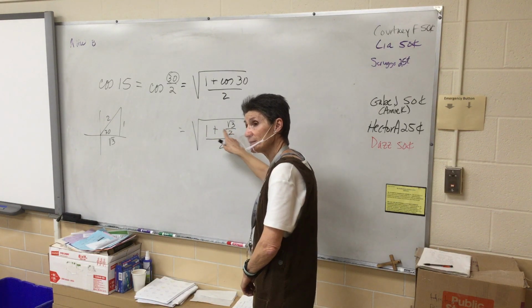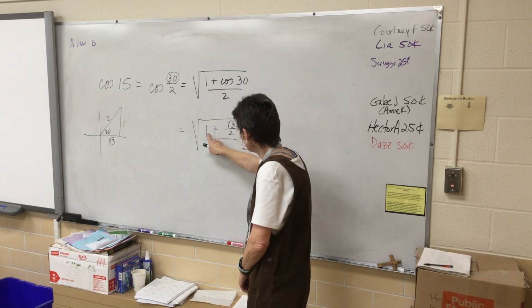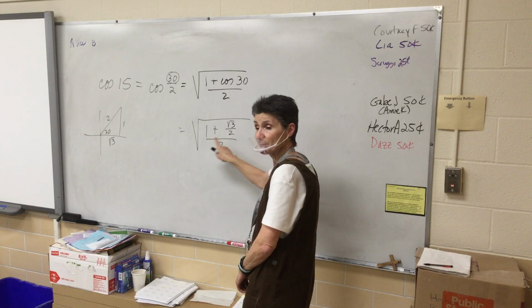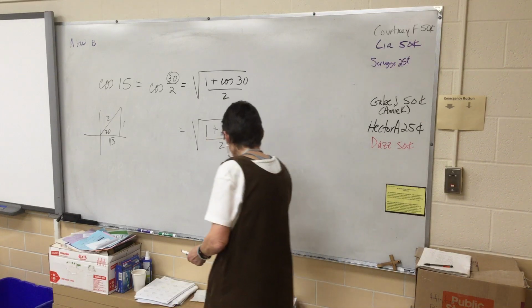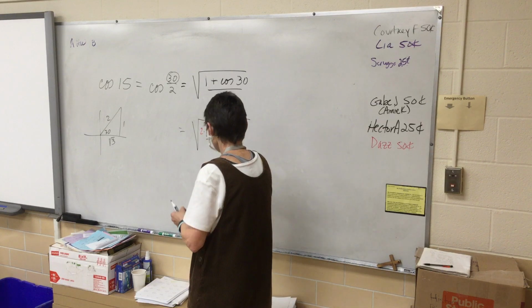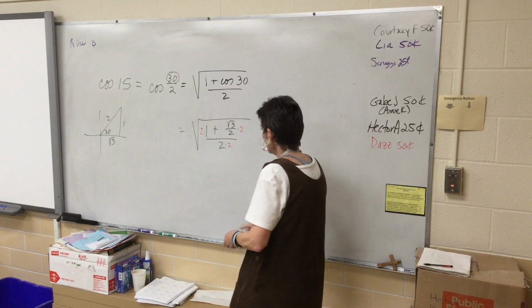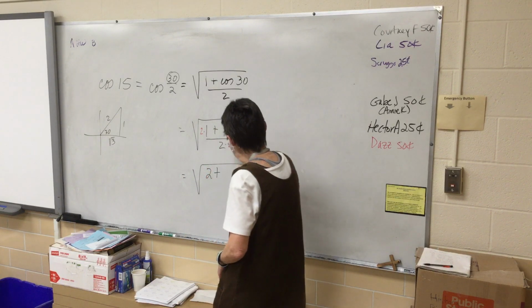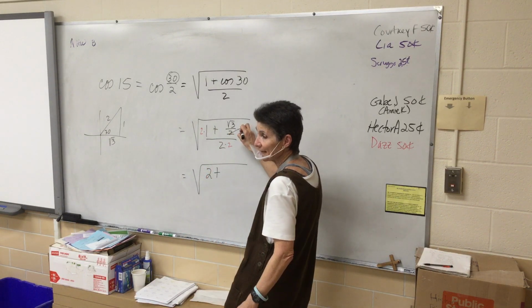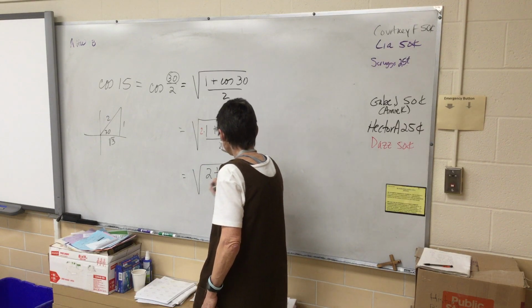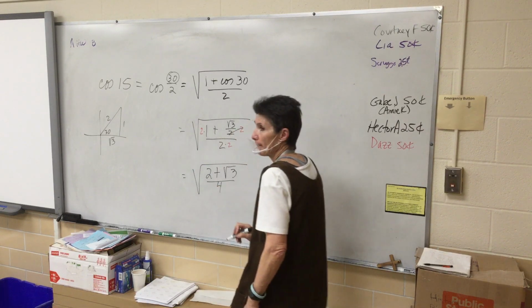We simplified one of these earlier. What would be a real quick way of getting rid of this fraction right here? Multiply everything by 2. So now I have the square root of 2 plus, now these cancel, that's why you did it, 2 plus root 3 over 4.